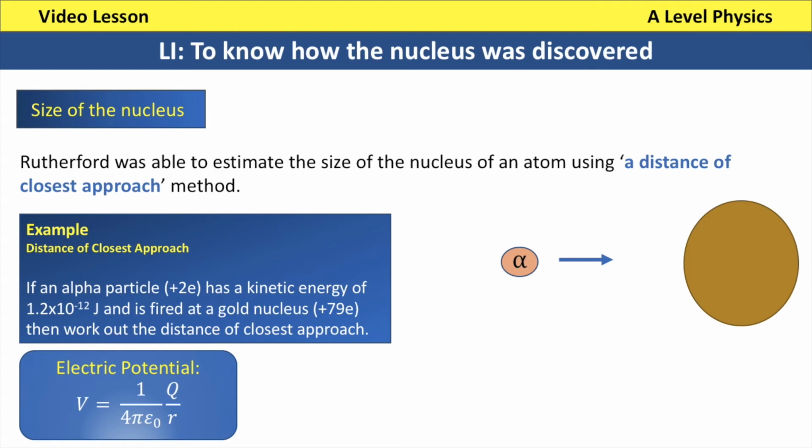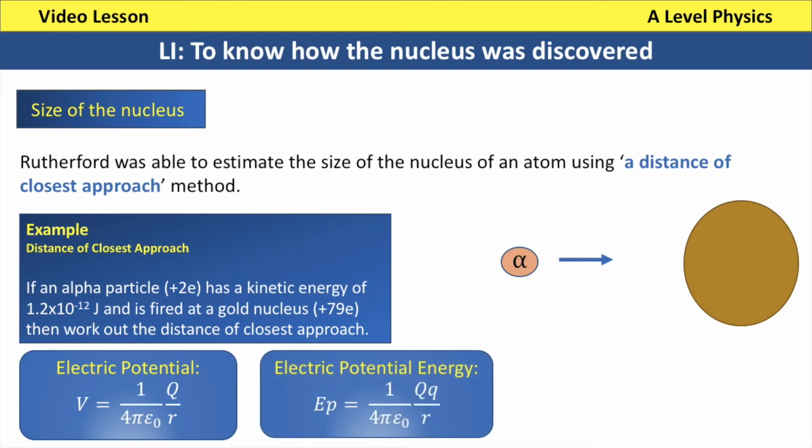However, electric potential is not the same thing as electric potential energy, because electric potential is electric potential energy per unit charge, and so the actual equation for electric potential energy, which isn't on the formula sheet and you would need to know, is Q, charge of the alpha particle, multiplied by Q, charge of the nucleus, divided by 4 pi ε0 r. So you need to know the electric potential energy of that alpha particle a distance away from the gold nucleus will be given by this equation.